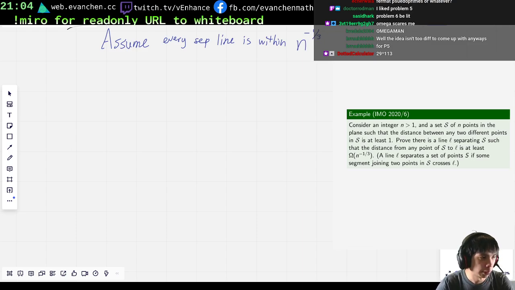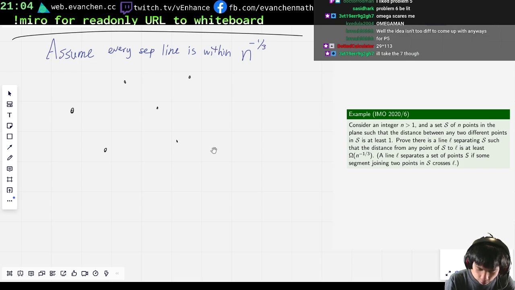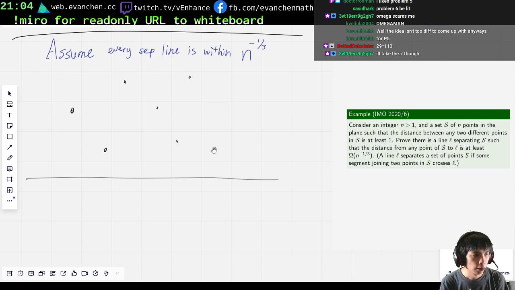So the first thing I want to talk about is projections. I think the right way to think about the problem is that you have these points, and you want to think about what direction to project in, because you only really care about the direction.